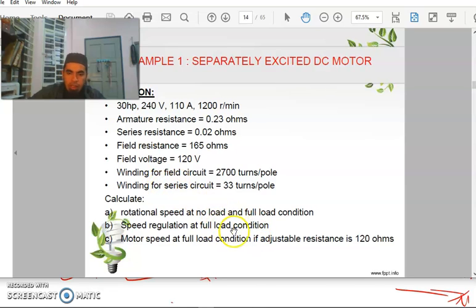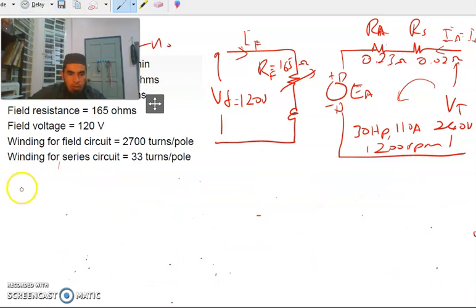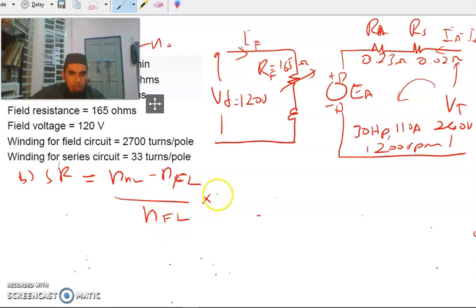What is the speed regulation of the motor itself? So the speed regulation you can calculate as follows. So speed regulation is equal to speed at no load minus speed at full load, because at full load the speed has already reduced, divided by speed at full load times 100%.